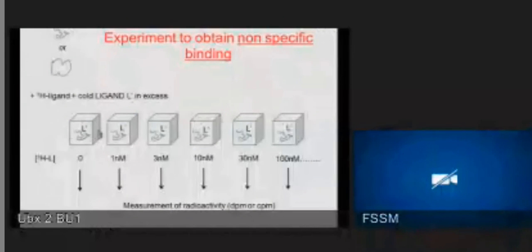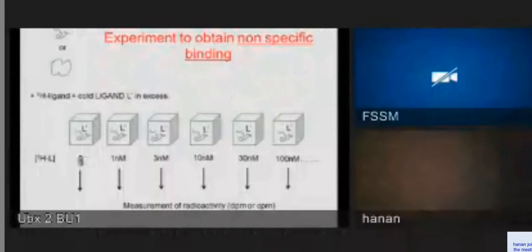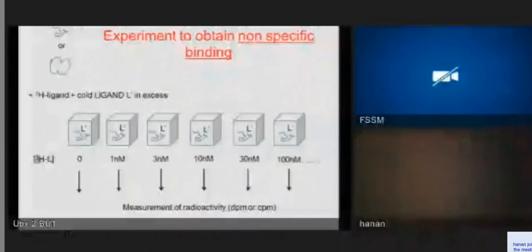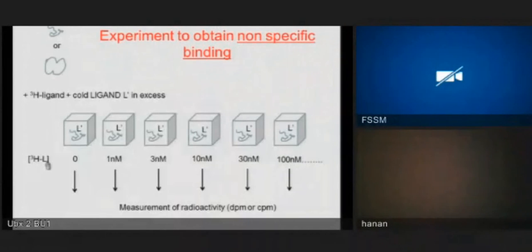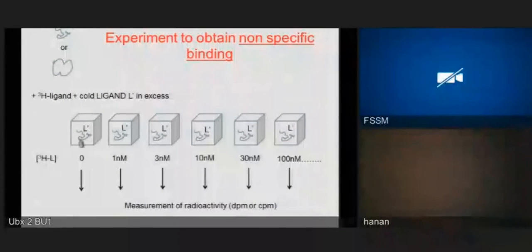But in that case, you are using a cold ligand that you know binds on the receptor, and you put it in excess. So the first concentration here is 0 for radio-labeled L. Normally you should not have radioactivity, but again you have to do it.